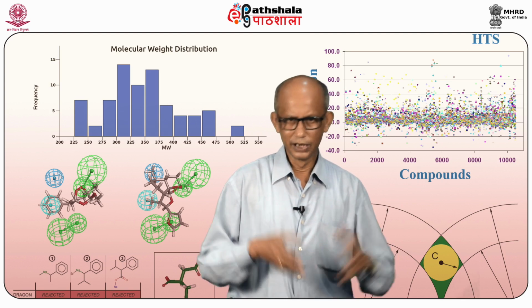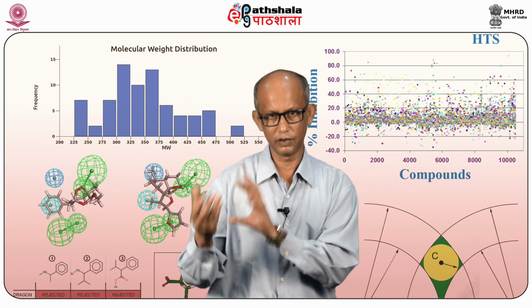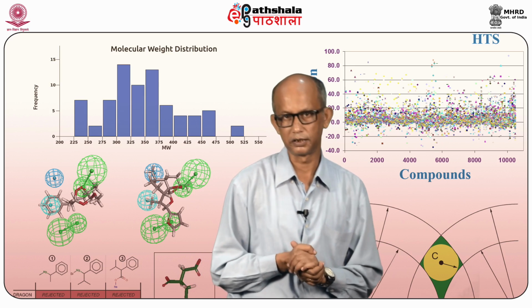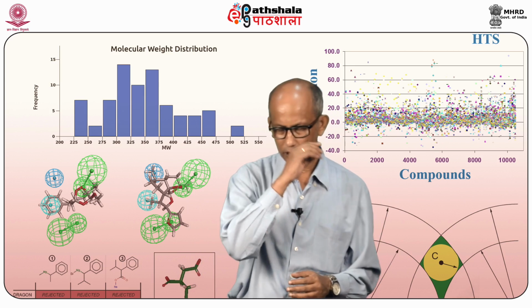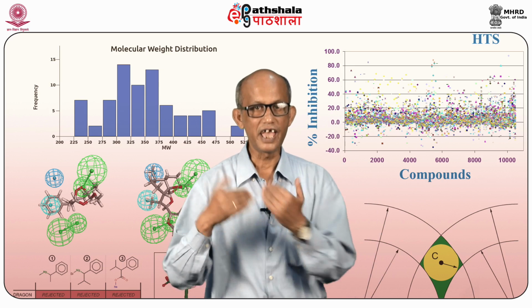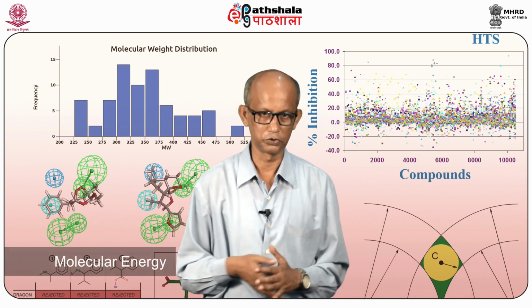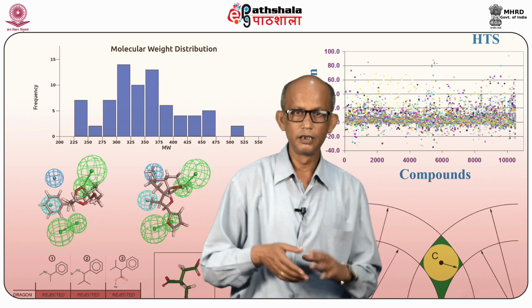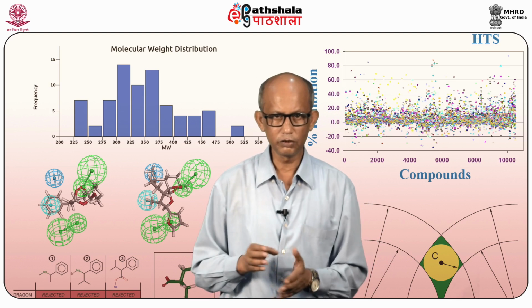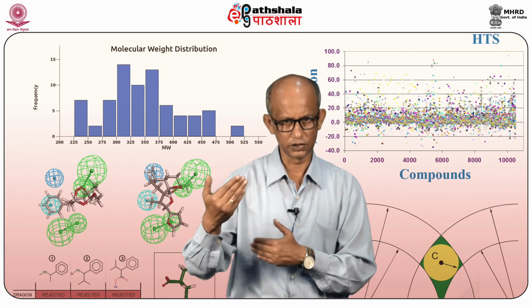Now, given this representation, given these coordinates, what can we do with it? One of the things that we can do is calculate an energy, a molecular energy, so to speak, and given different conformations of the molecule, there are different associated energy values.